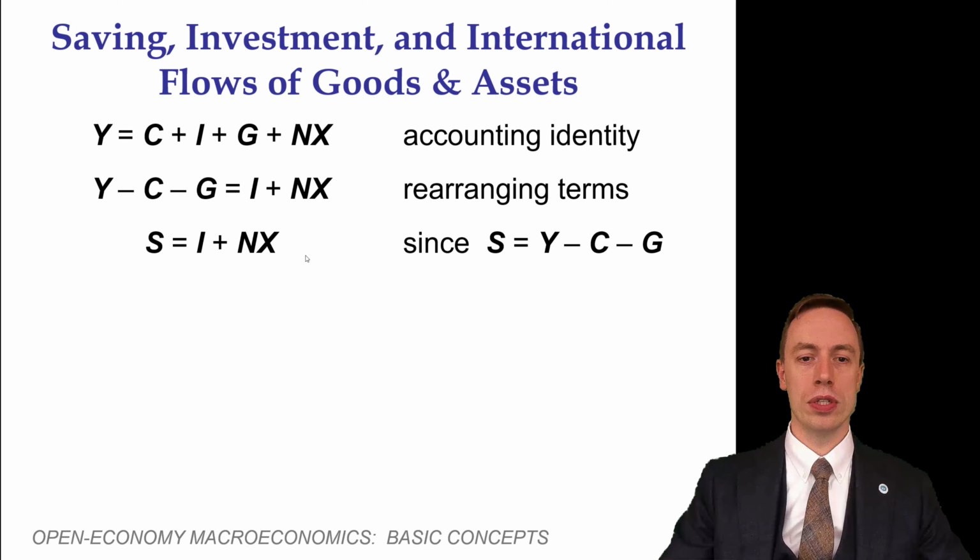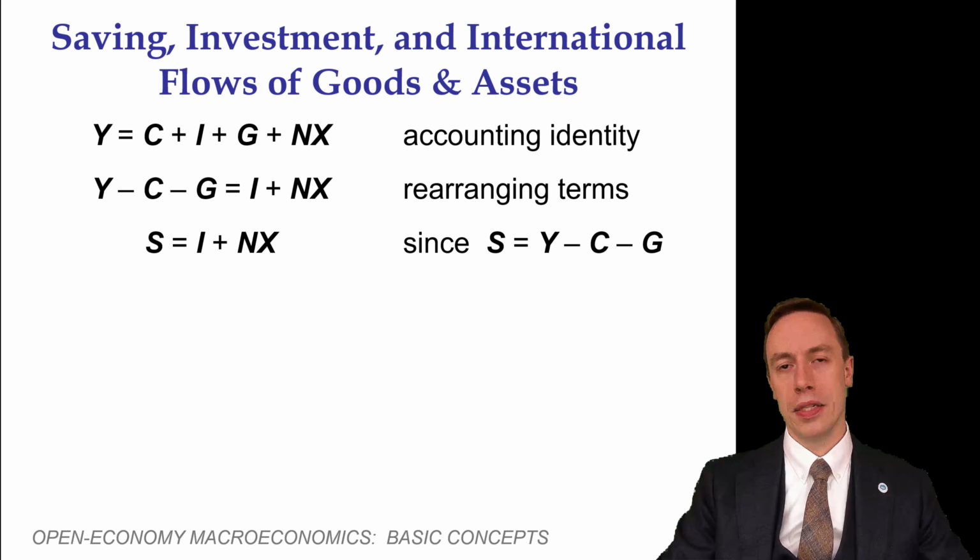They can be different if net exports is a positive or negative number. So let's use the United States as an example here. We've already learned that the United States has negative net exports, a trade deficit. That means in the United States, national saving, S, must be a number that's smaller than domestic investment, I.